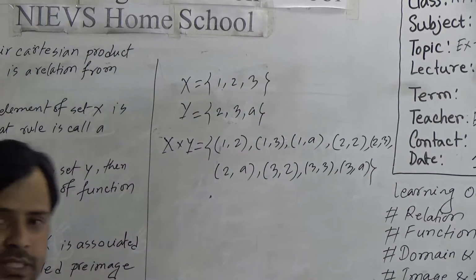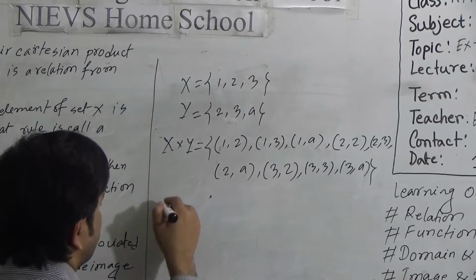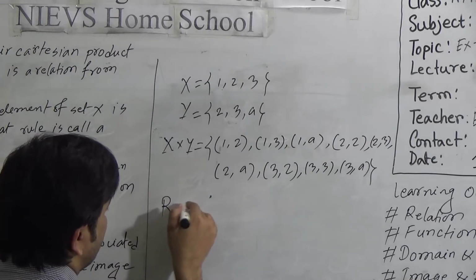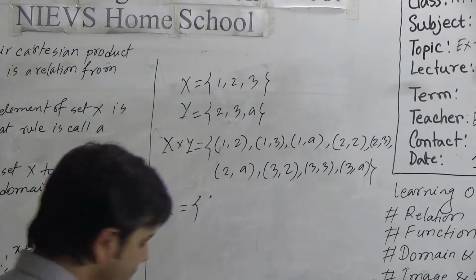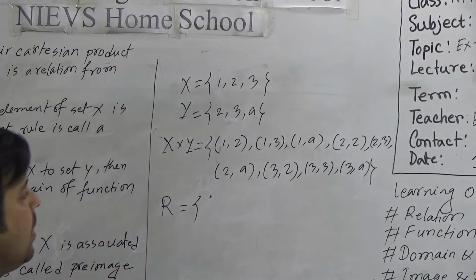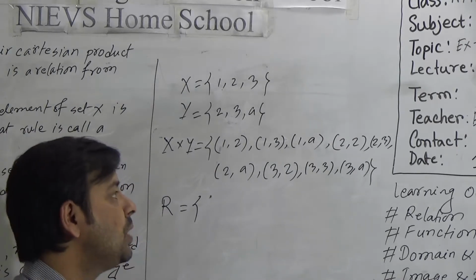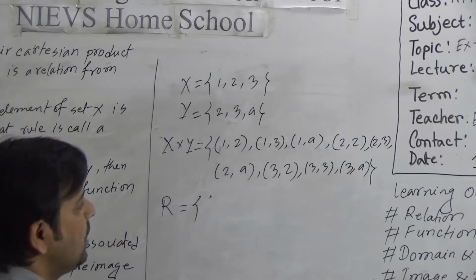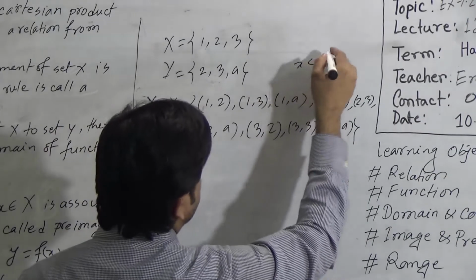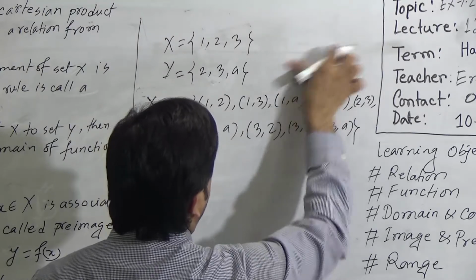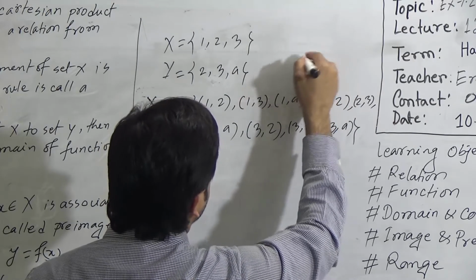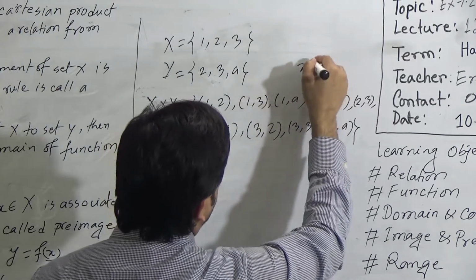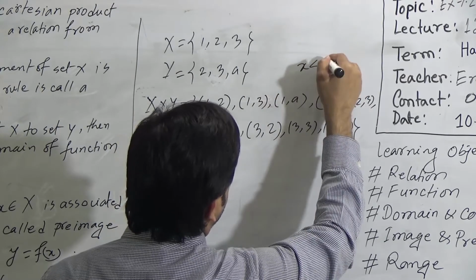Now if we consider a subset R of X cross Y, suppose we impose the condition x is less than 2.